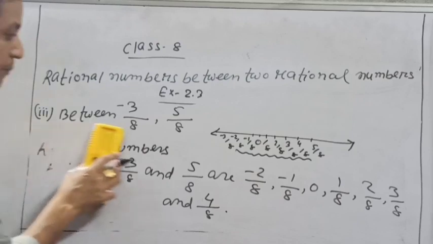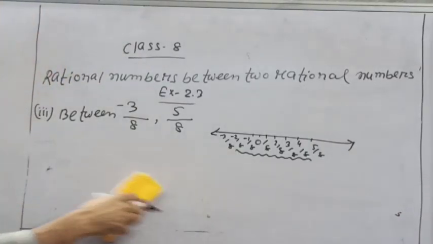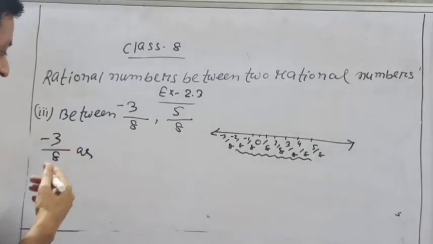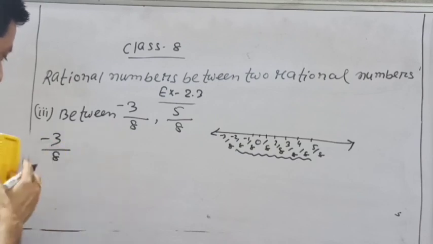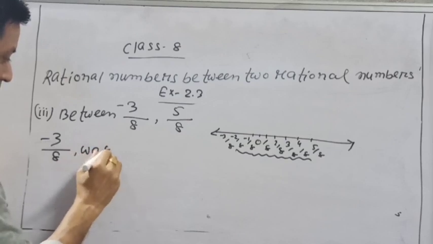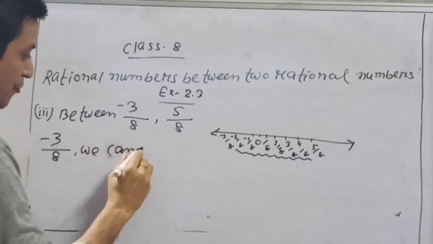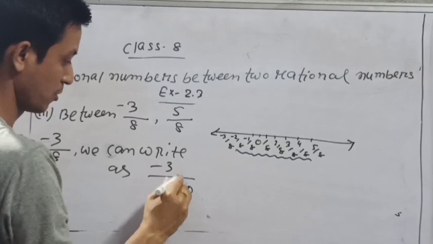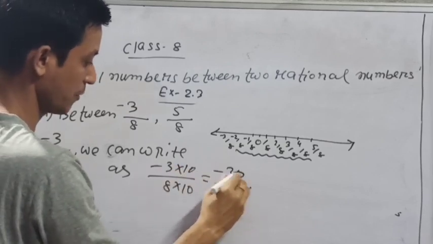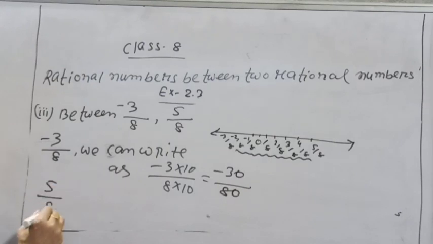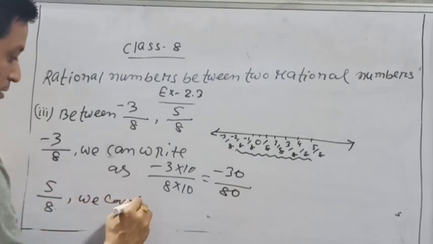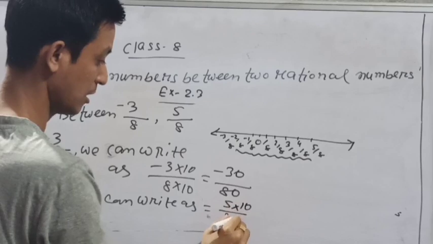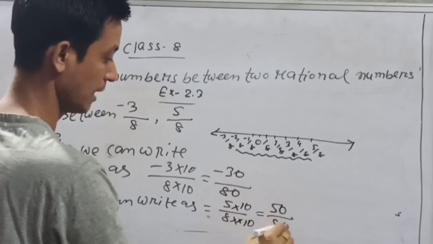So another way I am showing. Minus 3 by 8, both sides multiply by 10, so minus 30 by 80. 5 by 8 we can write as 5 by 8 into 10, so 50 by 80.